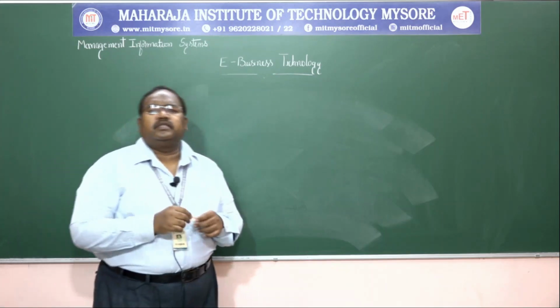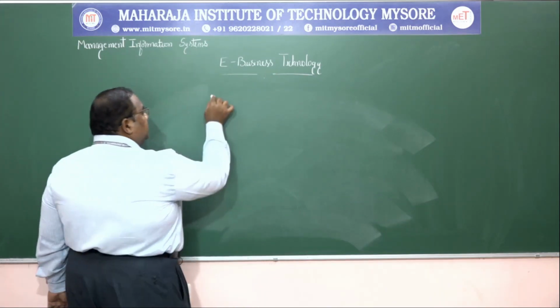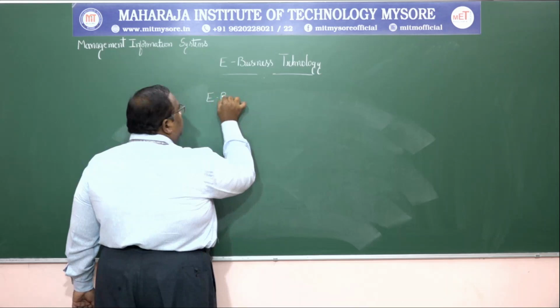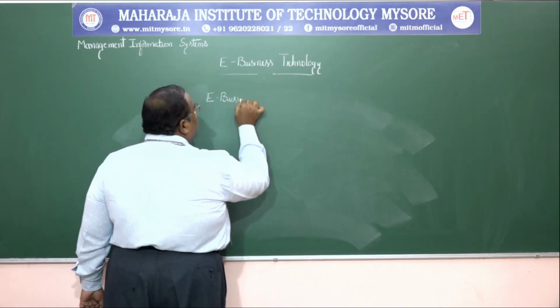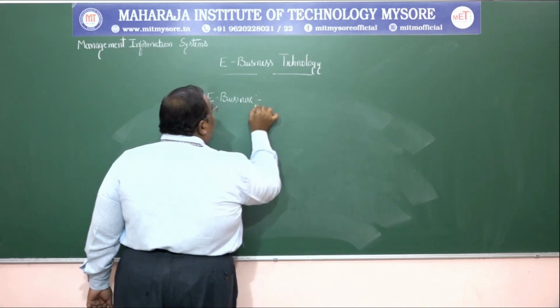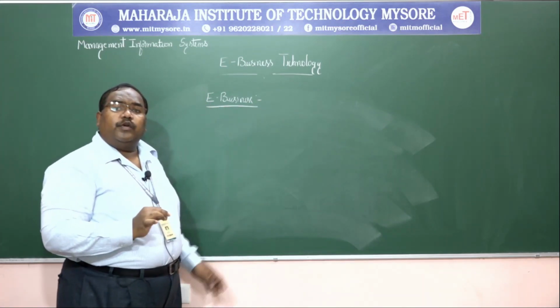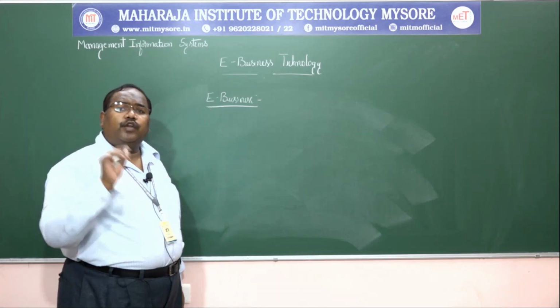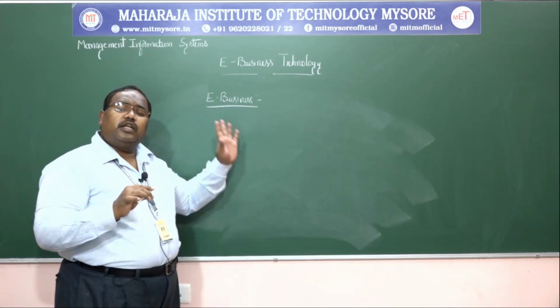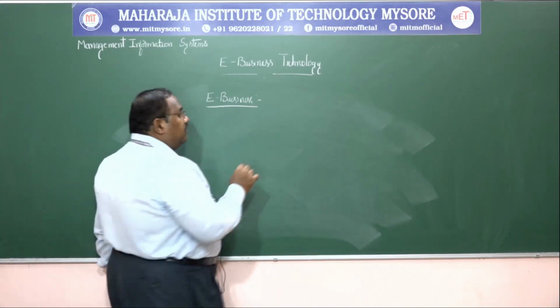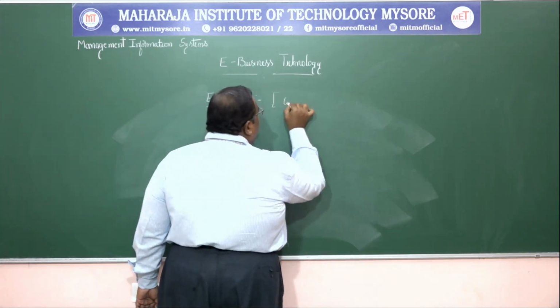When we talk about the business, that is e-business, we say it is a global activity. When you say that it is a global activity, we need to know how the connectivity is done, so here we will concentrate on the connectivity.